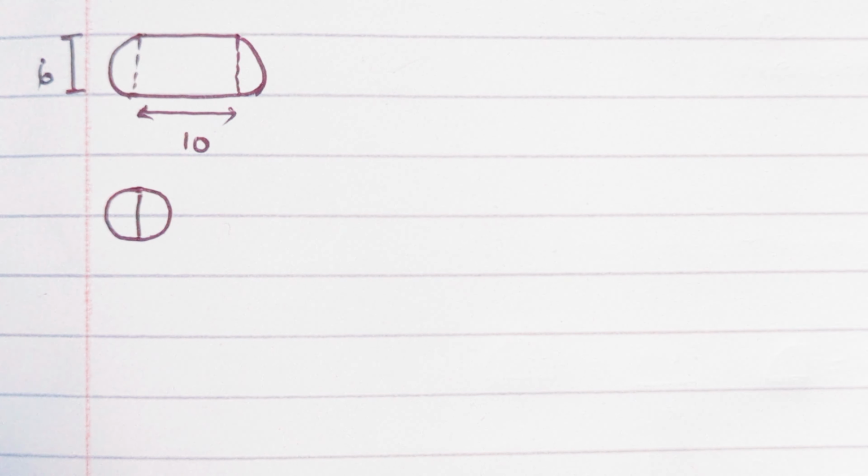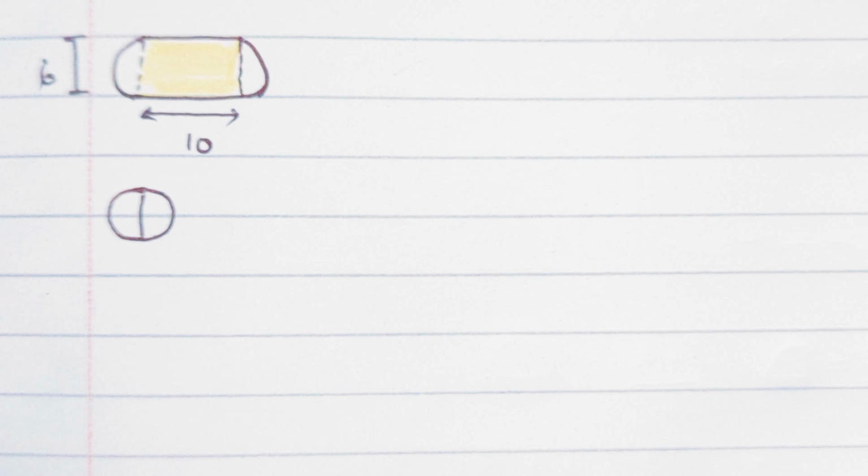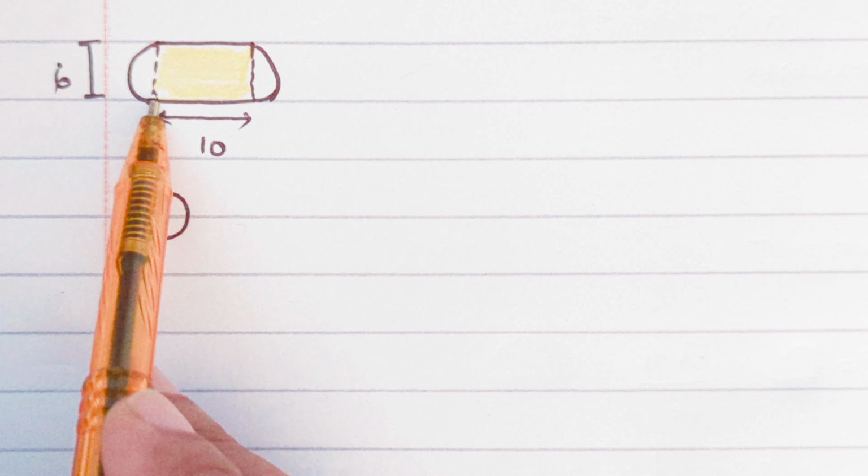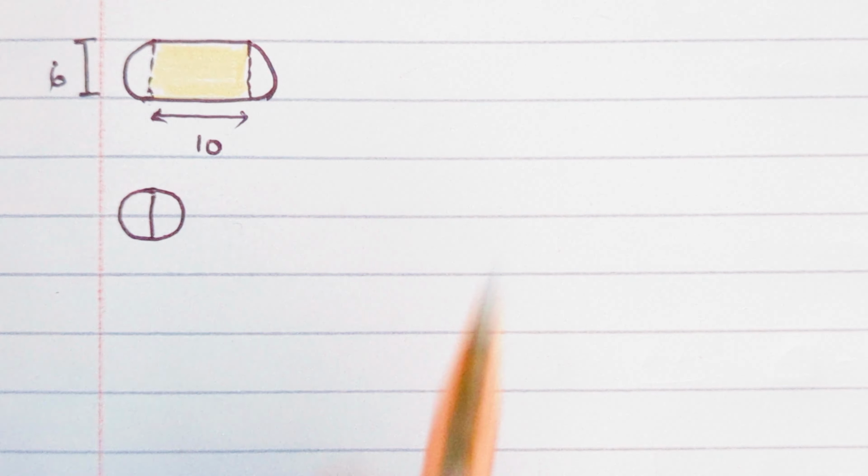First, find the area of this rectangle. This is the length and this is the breadth. The breadth is also the diameter of the circle, and this breadth of the rectangle and the same diameter of the circle is given as 6.